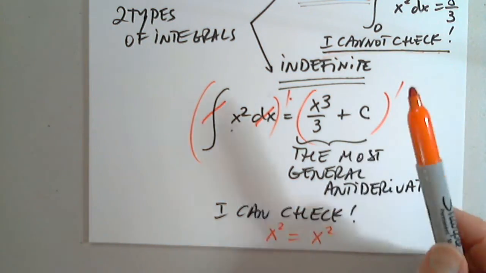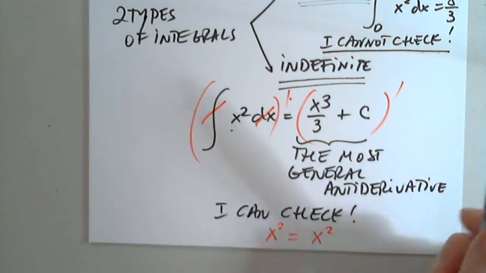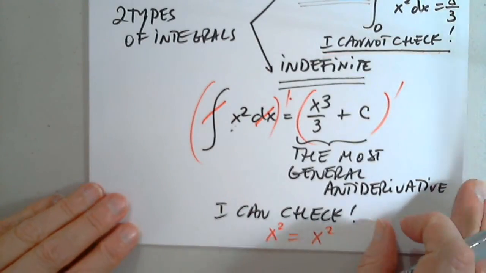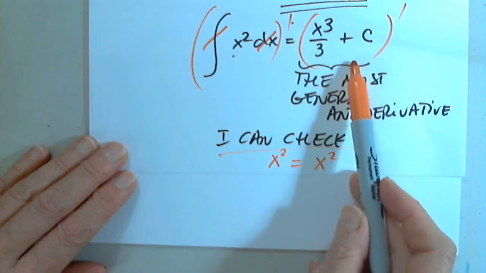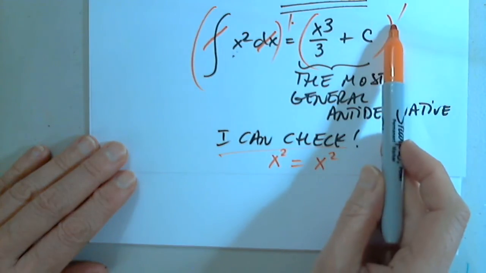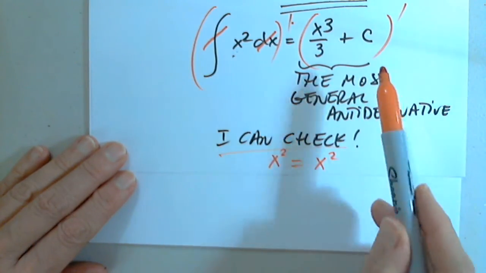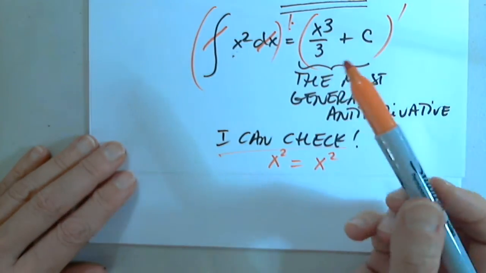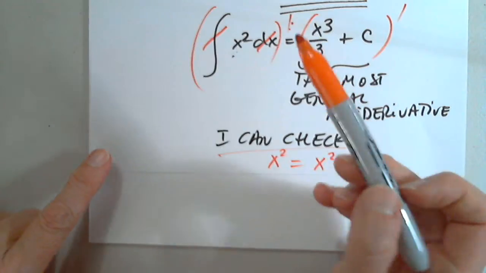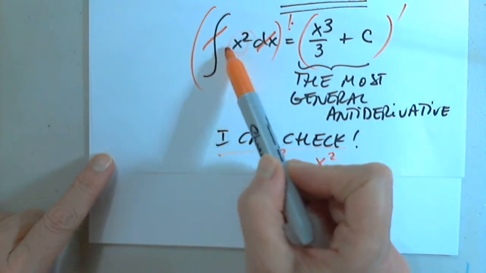Yes, you have the calculator, but in general, that's what I'm saying. But here, I don't need anyone to tell me if this is correct. I will differentiate both sides, and I'll show that this is correct, because the derivative of this is x squared. The derivative, as we learned from Fundamental Theorem of Calculus Part 1, the derivative of an integral is the function.